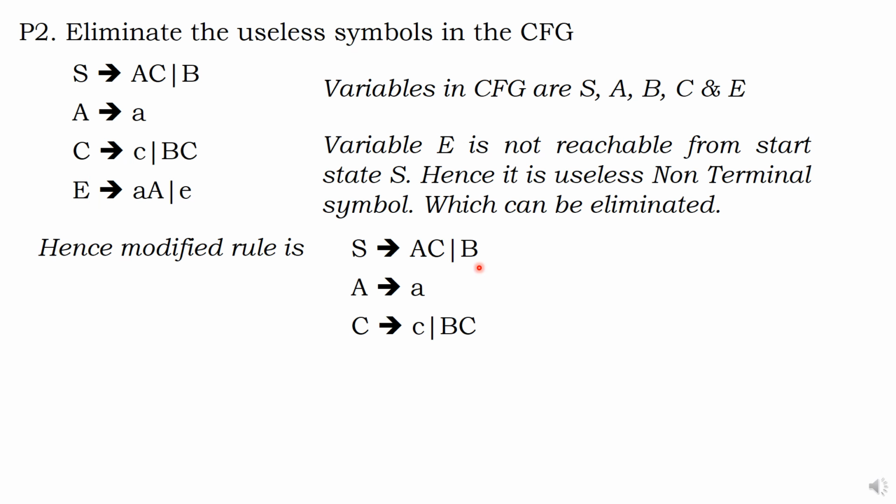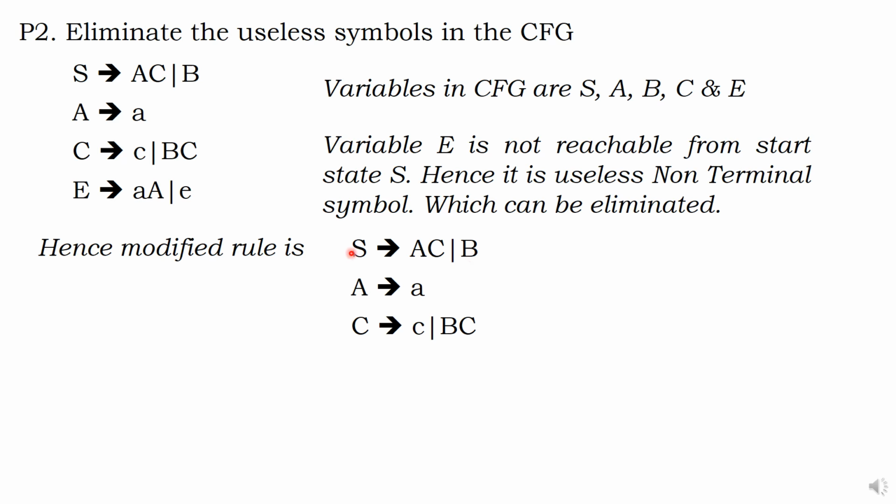The other one is, is it terminating, is the question. Now carefully analyze. S gives AC. Is A terminating? Yes. Small letter a is terminated. Is C terminating? Yes. C is terminating here. Good news. S is linked with B. Who is B? Ayyo, not there. Not available. Then what is the use of this B?